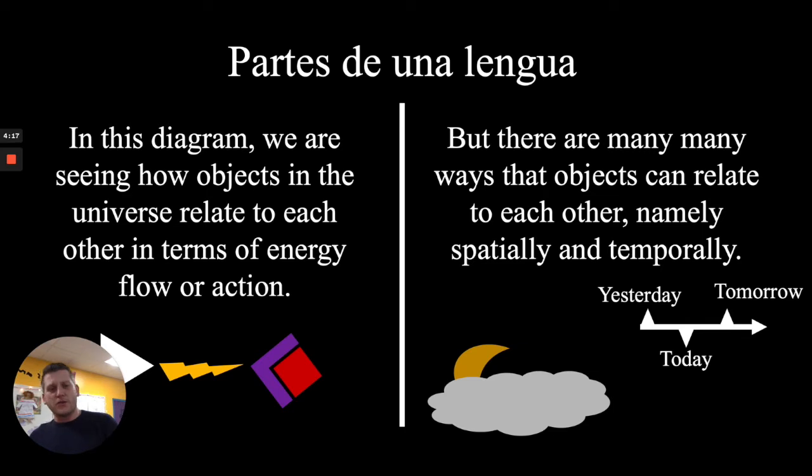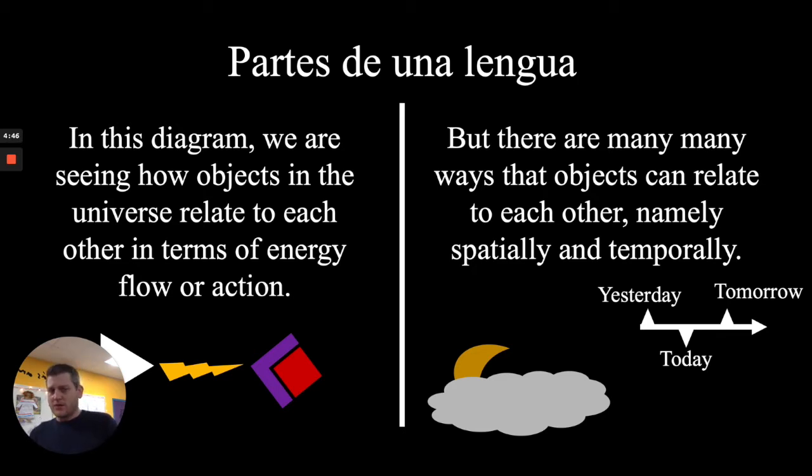Now let's look at this other little diagram that I've got with the little arrows. We've got yesterday, today, and tomorrow. If I asked you, where is yesterday in relationship to today? Sincere question, what would you say? Perhaps you, like me, would say yesterday is before today. Where is tomorrow in relationship to today?